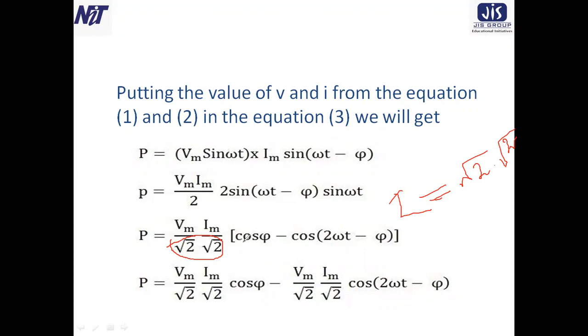So 2 sin omega t sin omega t minus phi means cos phi minus cos 2 omega t minus phi. And then Vm Im by root 2 cos phi, minus Vm Im by root 2 cos 2 omega t minus phi.